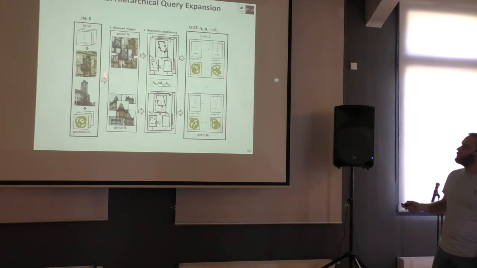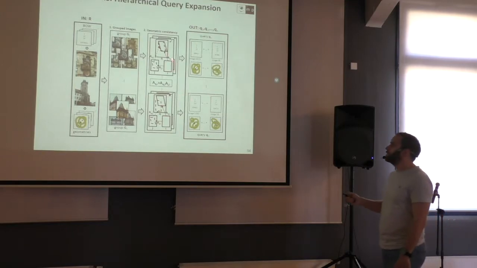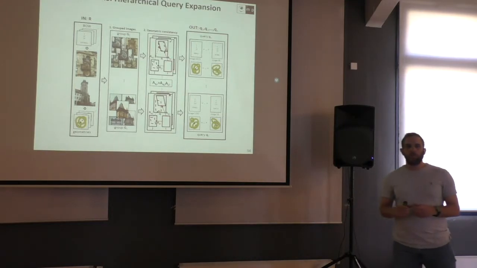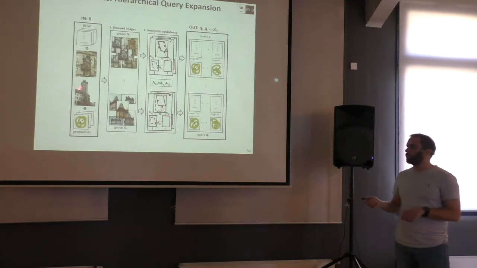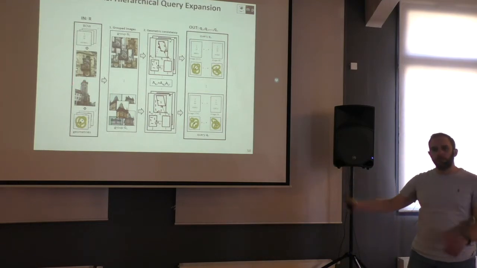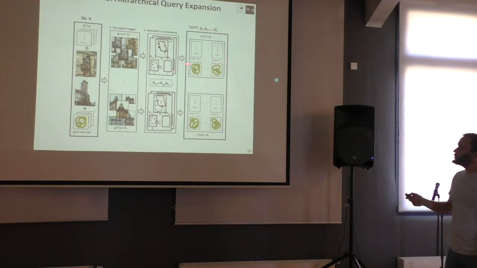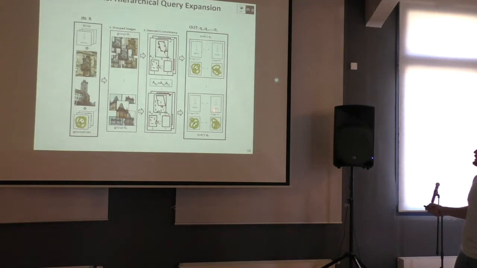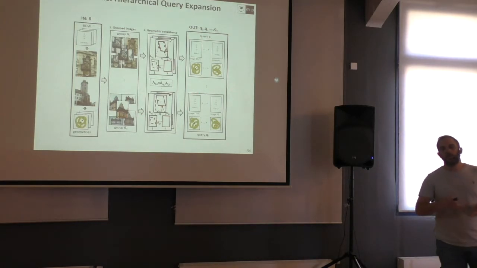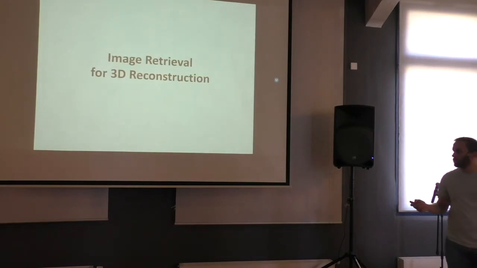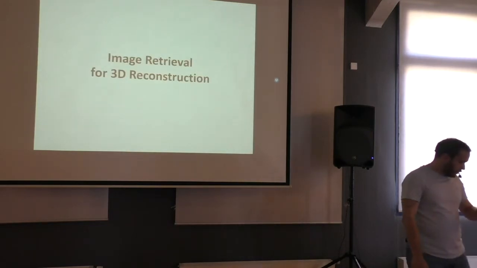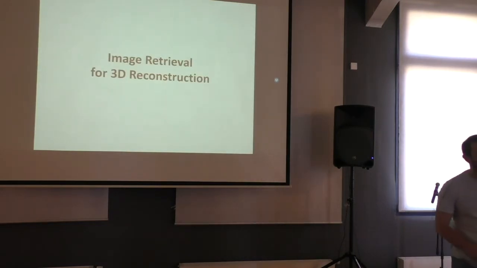So we create n groups, and then for each group we run the geometric consistency test with the local features, just to be sure that all images are from the same building as the query image, so that we don't drift onto some other areas. And then for each of the groups we issue a new expanded query, and then we can get the results that I have shown.